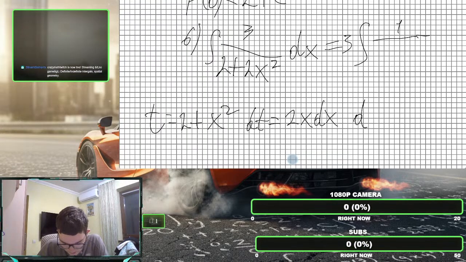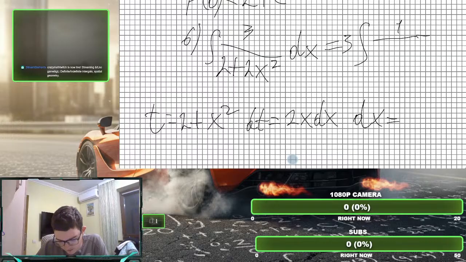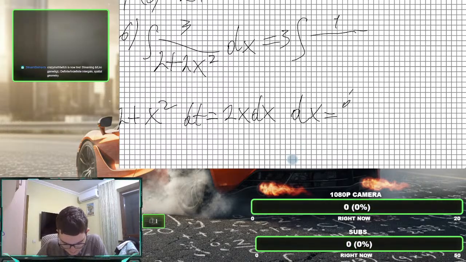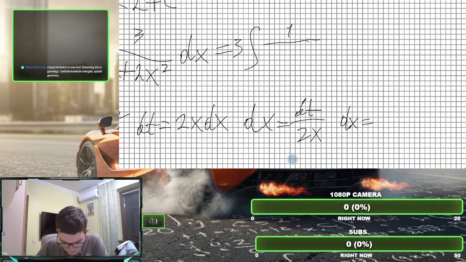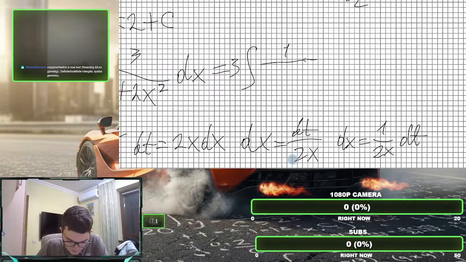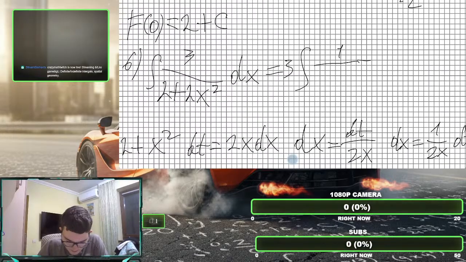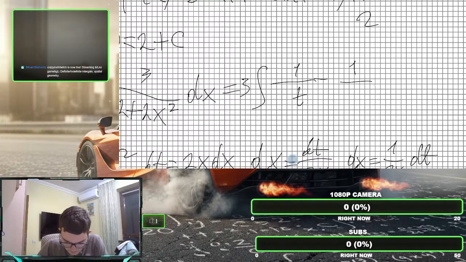Now the dx is gonna be dt divided by 2x, which is like dx is 1 divided by 2x dt. So that's what I have. Put here the t, and here 1 divided by 2x dt.